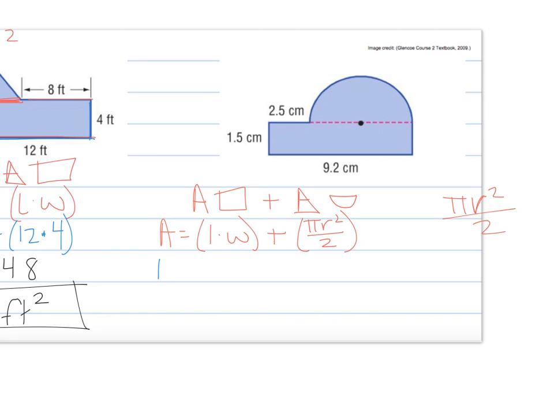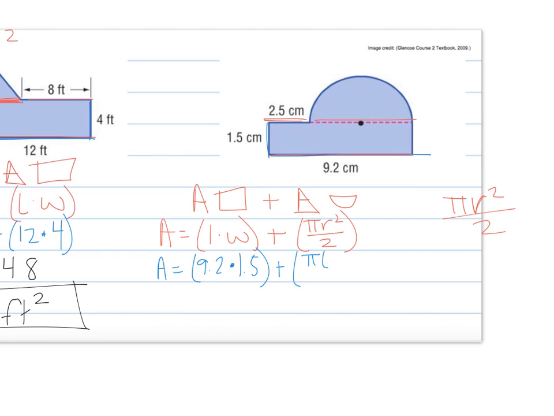So I'm going to plug in what I know. My length is 9 2/10 times my width of 1.5 plus, plug in pi, my radius. Notice, okay, so this is a little tricky. We have from here to here, which isn't labeled. We have here to here, which is labeled 2.5.